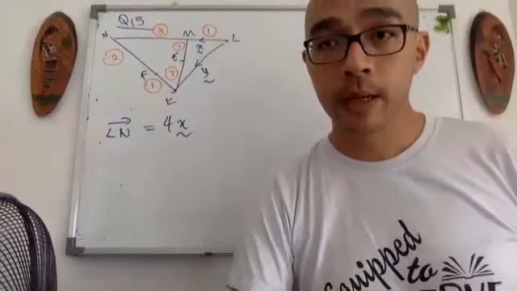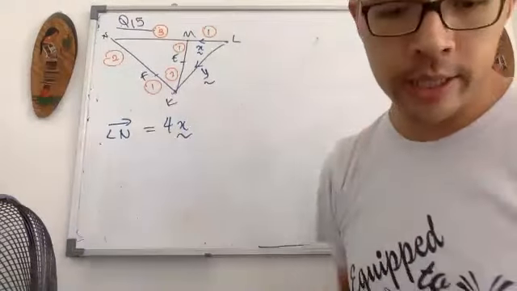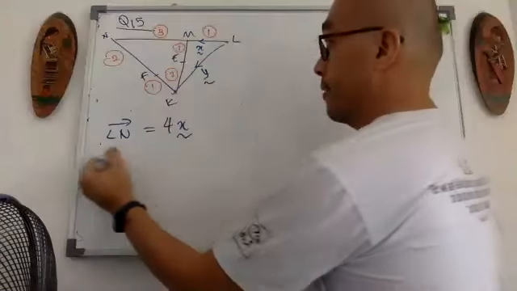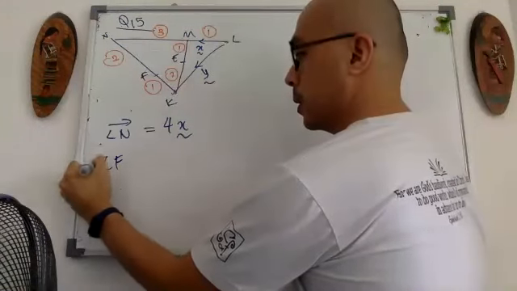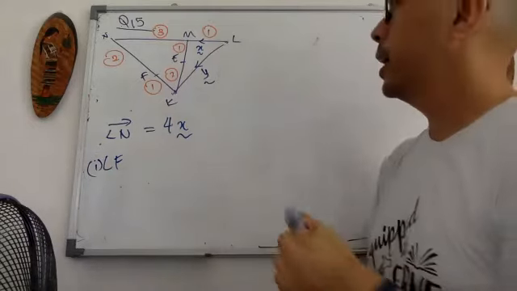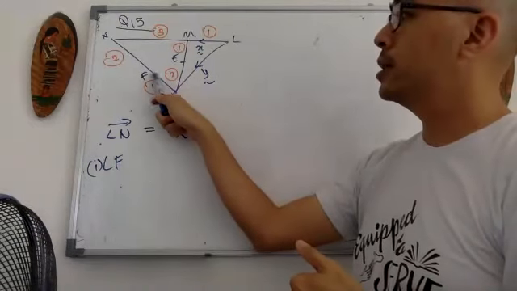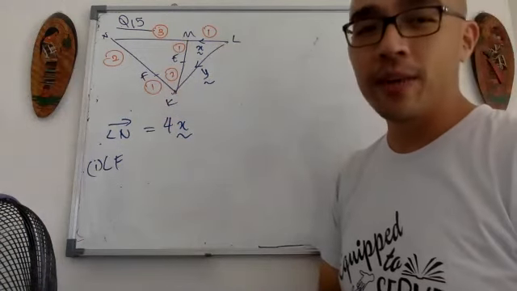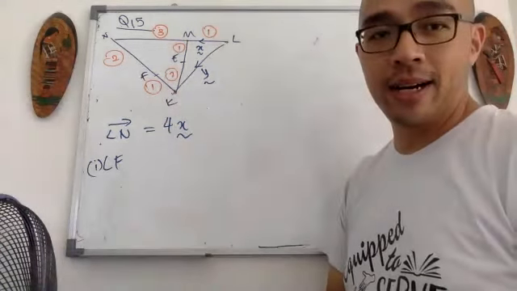All right. So first question, express each of the following in terms of x and y. The first one will be LF. So what do you think? There are many ways of doing this, but how?